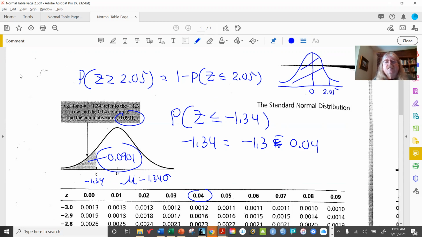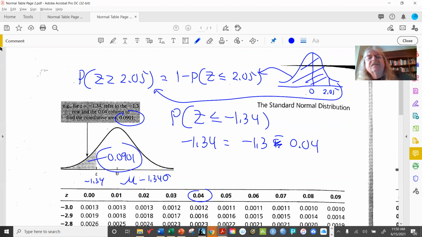This is everything below, and this is everything above. So we can actually do this by subtracting the probability that z is less than or equal to 2.05 from 1, because these two together clearly add up to 1.